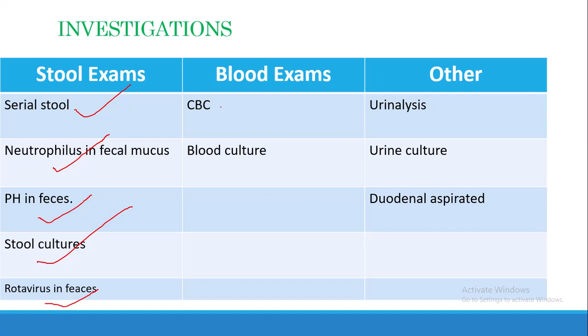For blood tests, you can do CBC to rule out anemia, and then also markers of inflammation, like an increase in white blood cells, which shows that there is an active infection. And then you can also do a blood culture. Other tests can include urinalysis, urine culture, and duodenal aspiration and analyze the contents.